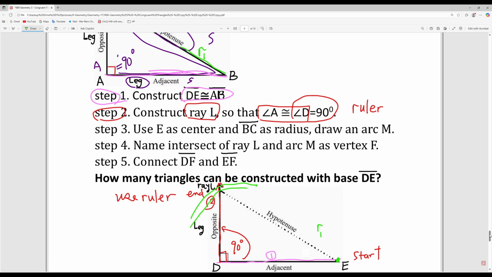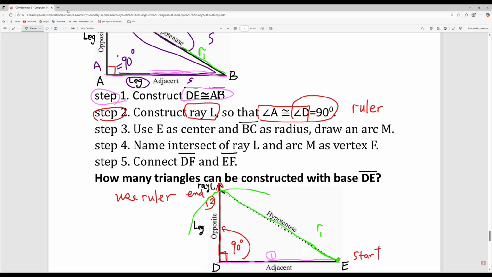Draw an arc this way. And you are probably thinking that I pre-drew the picture here, so that's why it's the only one.